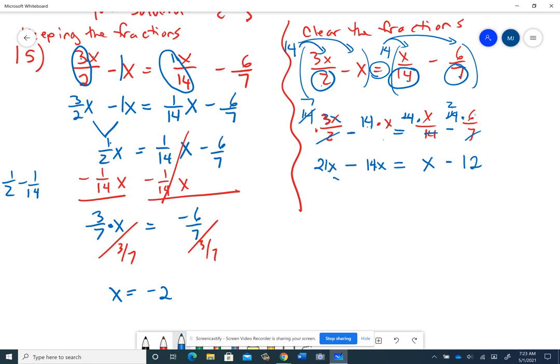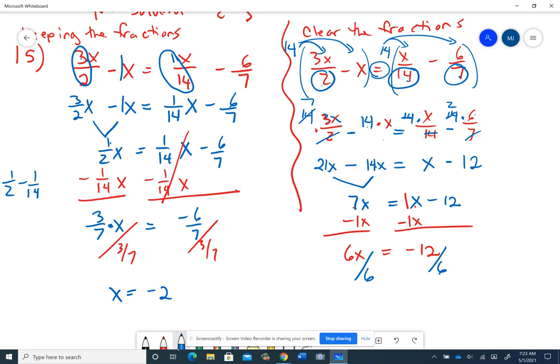These are like terms that you can combine, so that would be 7x. Then you can get the x over to that side because that's an understood 1x. We could subtract it, and we'd wind up with 6x equals -12. Then we can divide by 6, and we see the same end result, that x would equal -2.